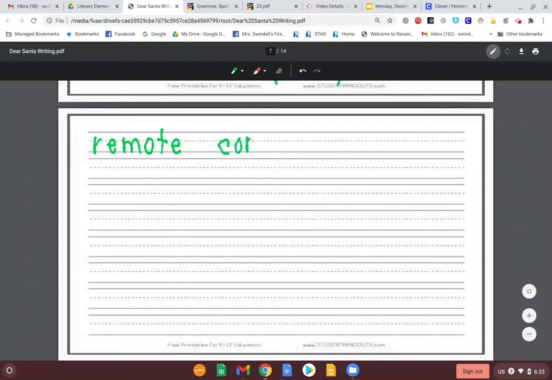Oh, this is hard to write on here. A remote control. And I'm going to say instead of a car, I want a remote control helicopter. Helicopter. Okay. So that's another thing I want.